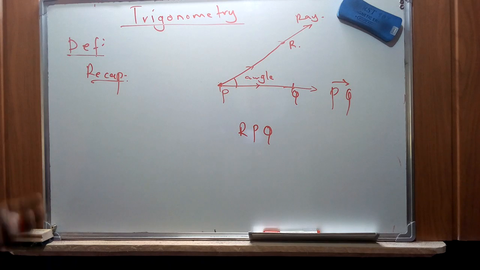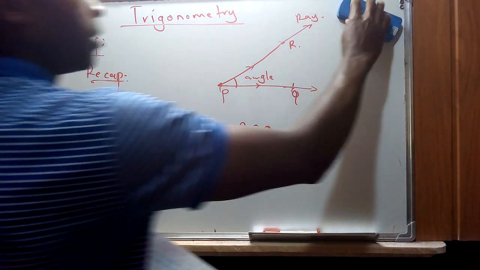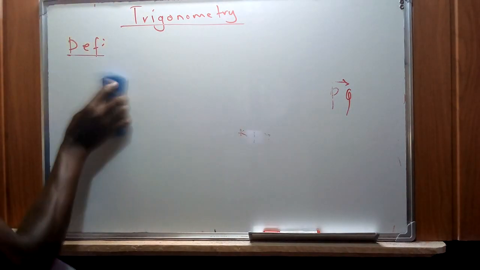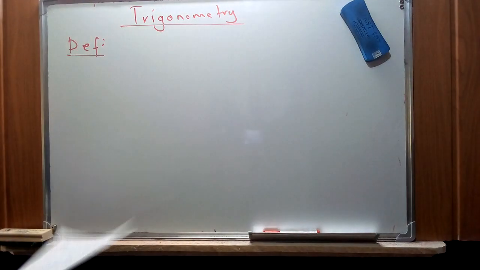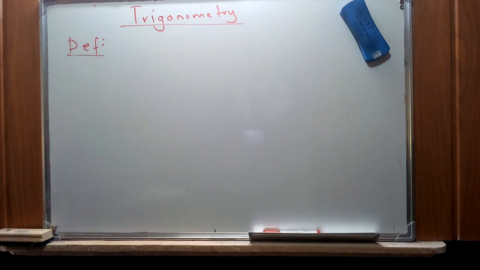So we're going to see how this concept develops into the concept of trigonometry, and therefore we are going to have a definition of our term, that is trigonometry. Trigonometry, as I've said, is a branch of mathematics that deals with the relationship between angles and the sides that form angles.